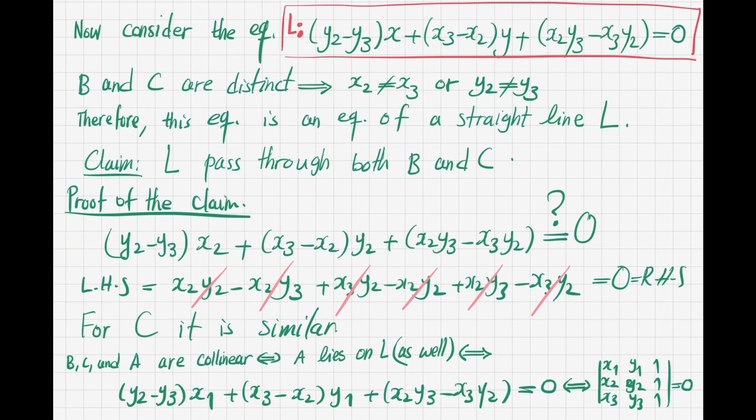So now you can see that B, C, and A are collinear if and only if this determinant is equal to 0.